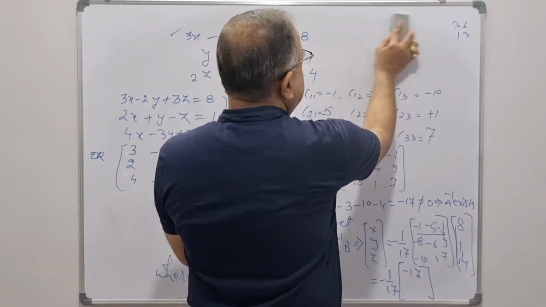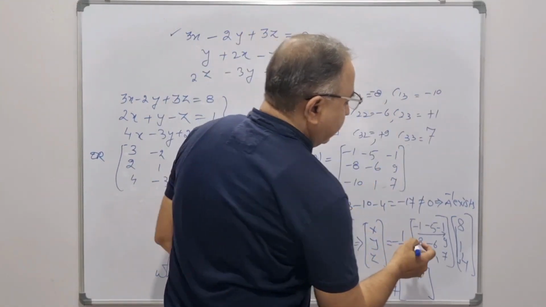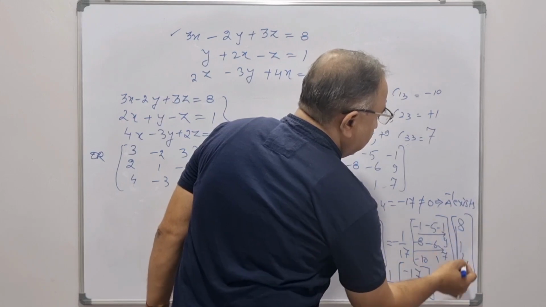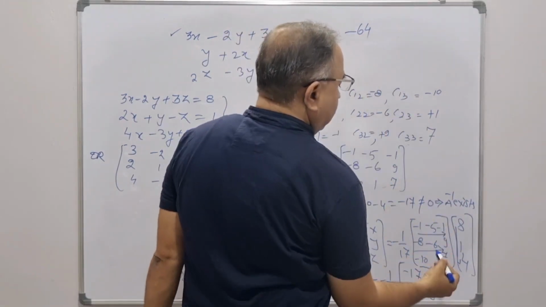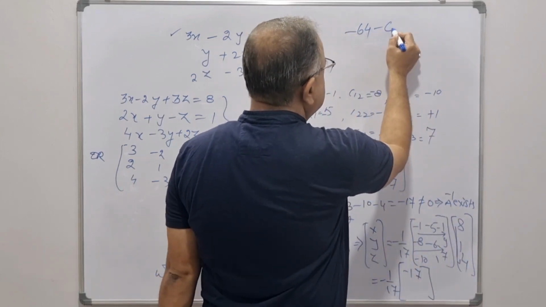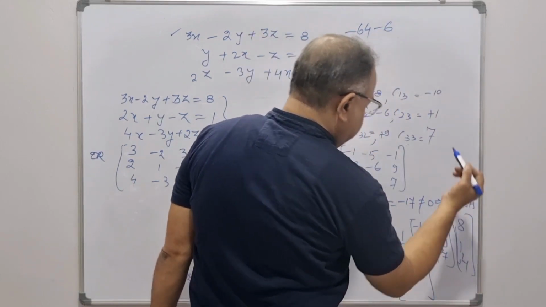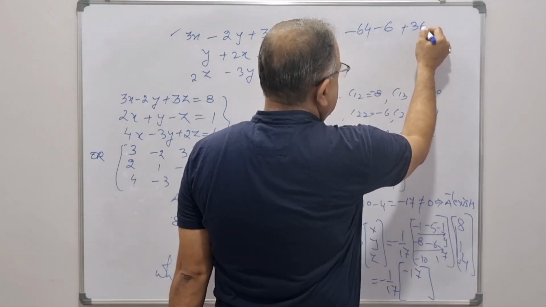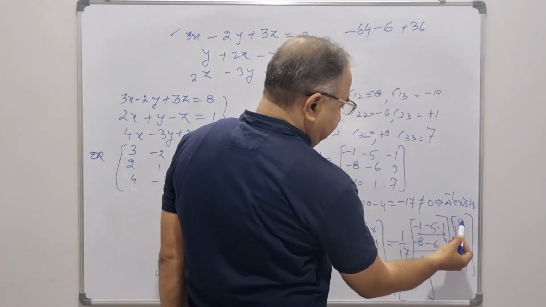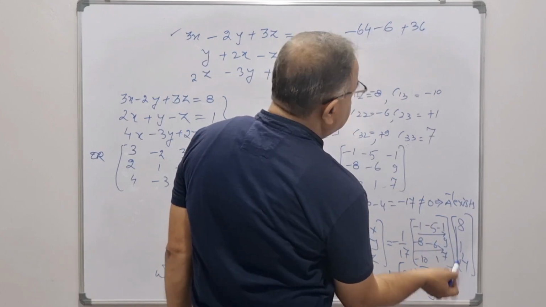This is how we get it. Now let's try the second entry. So we take the second row and the same column now. So minus 8 is 64, then minus 6 and minus 20. This is here minus 6 and plus 36. Check it again. Minus 8 is 64, minus 6 plus 36.